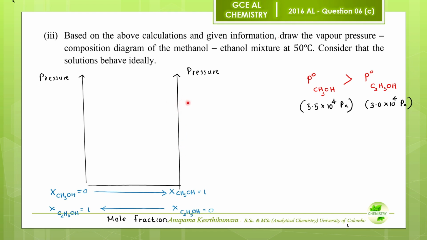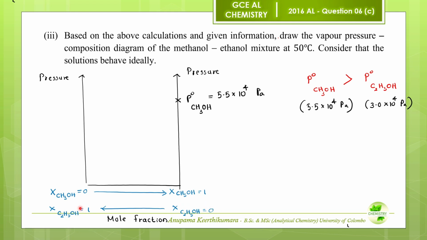Now we will mark the value, P0 methanol equals 5.5 times 10 to the power 4 Pascal. Next, we can mark the saturated vapor pressure of ethanol on this diagram. Again, move to the x-axis. Here we can see the mole fraction of ethanol equals 0 on the right-hand side.